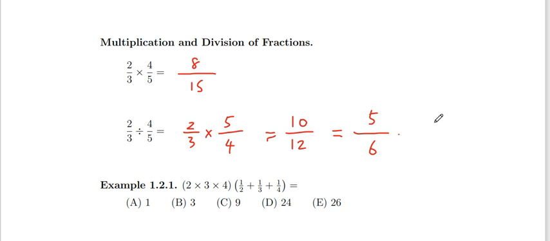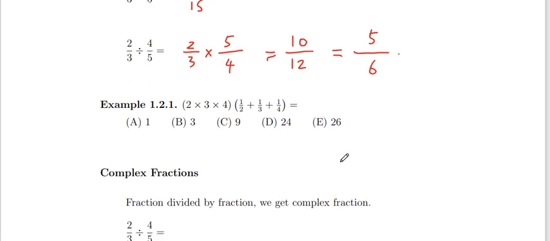Okay, we have problems like this one. For this kind of problem we can do the addition first, or we can do it one by one, right?